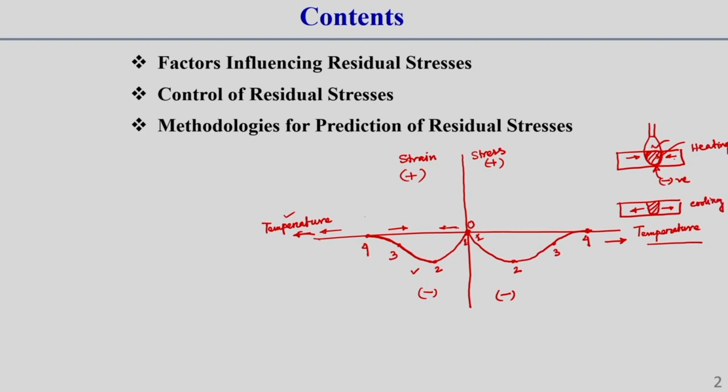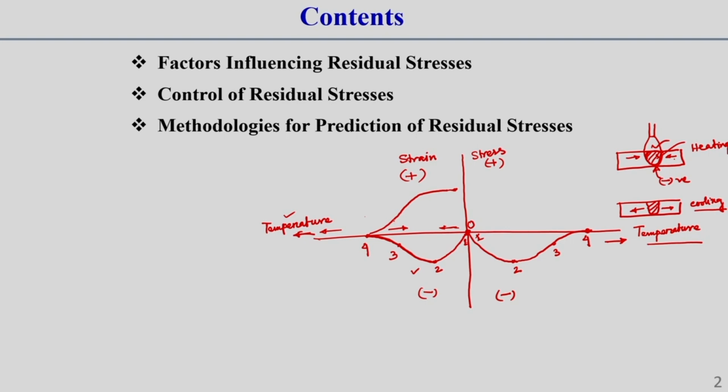As this region is subjected to tensile types of force due to the surrounding material, during cooling tensile strain starts developing. This shrinkage resistance gradually increases till room temperature.